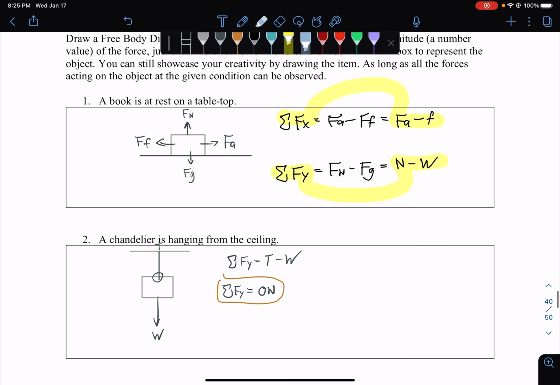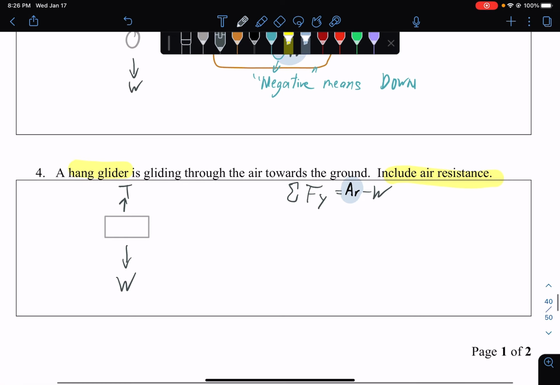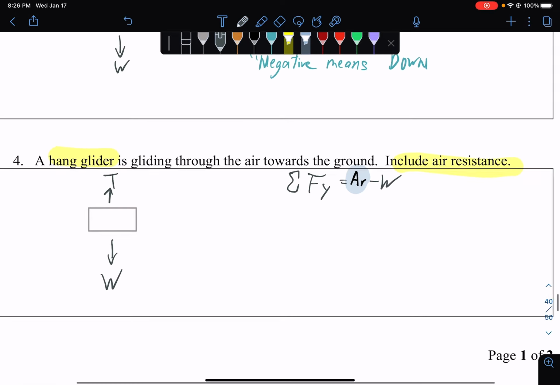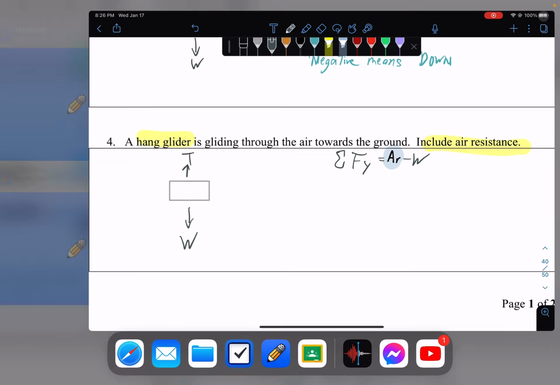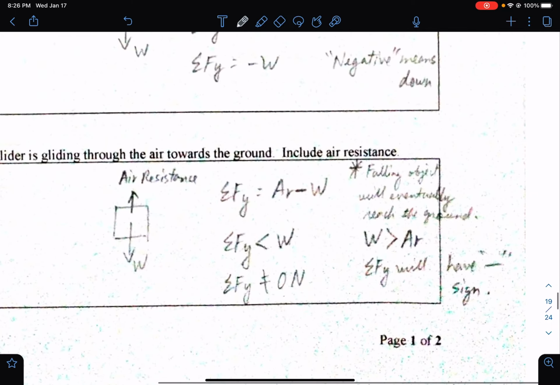Okay. So far so good. This is air resistance. And what does it say here? Okay.